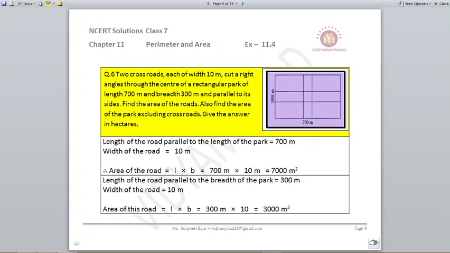Now first of all we know the length of the road, which is parallel to the length of the park, is 700 meters. Width is given to us 10 meters. So area of the road will be length into breadth, which is 700 into 10 comes out to be 7000. Now when it is parallel to the breadth, that is 300 meters, it will be 300 into 10, which is equal to 3000 meters square. Now you see there is a section in the center which is covering both.